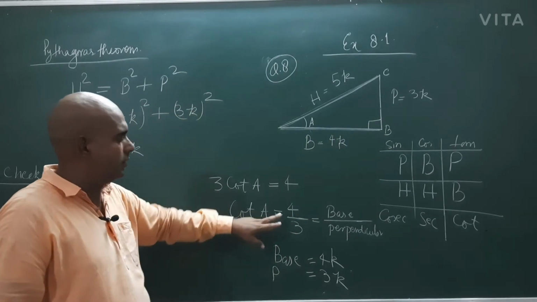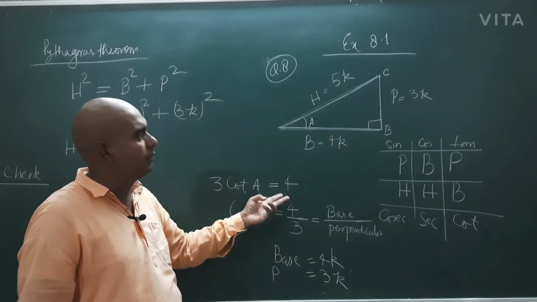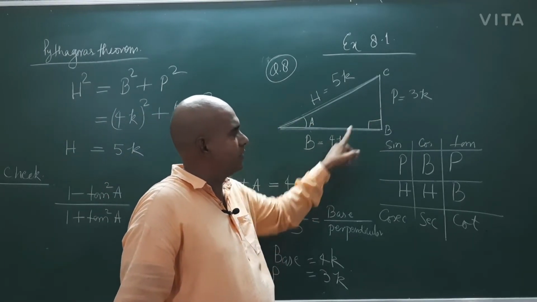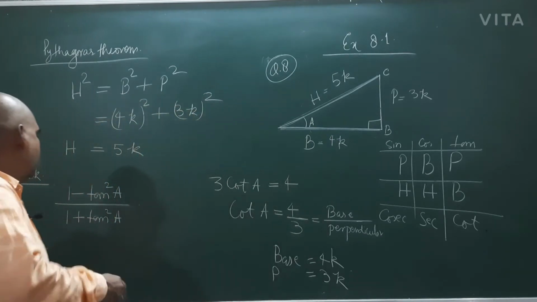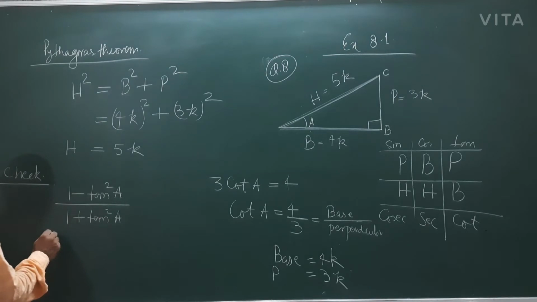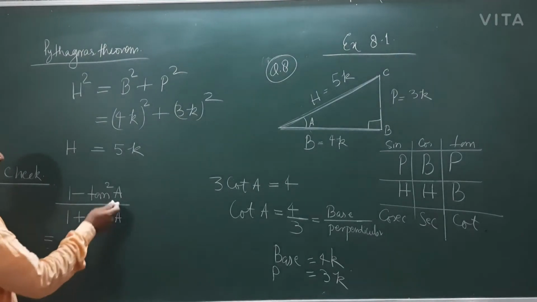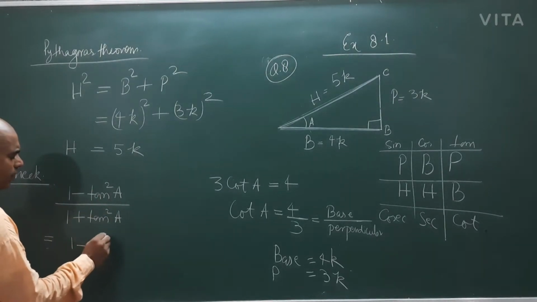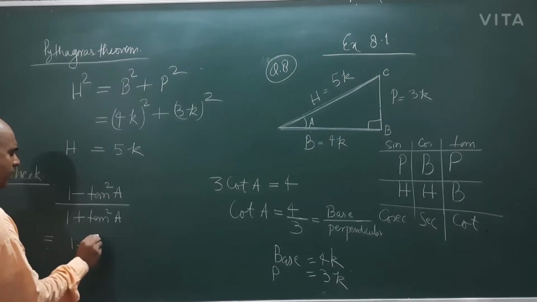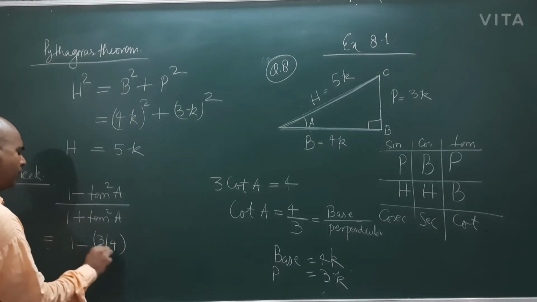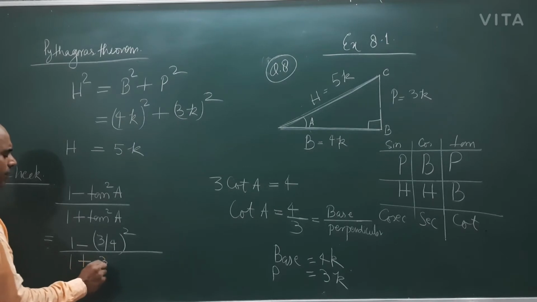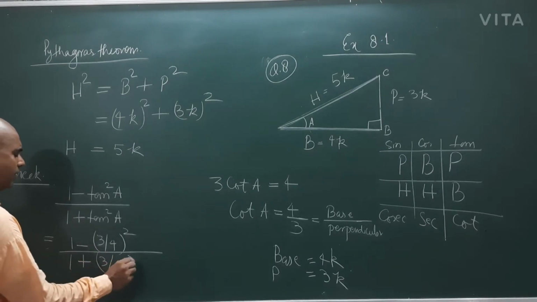Cot A is equal to 4 upon 3, and the inverse is tan A, 3 upon 4. Tan is perpendicular by base, 3 upon 4. So solve this value. 1 minus (3 upon 4) the whole square, upon 1 plus (3 upon 4) the whole square.